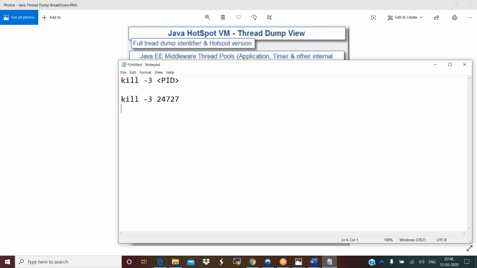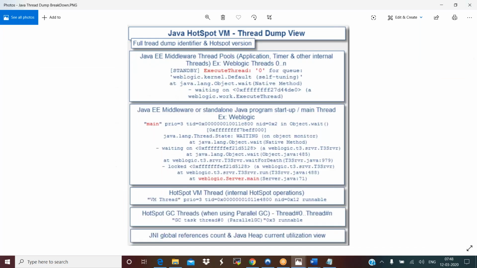Okay, if we talk about the first section here, Java Enterprise Edition, middleware thread pools, application timer, and other internal threads. This portion is the core area of the thread dump where you will typically spend most of your analysis time.